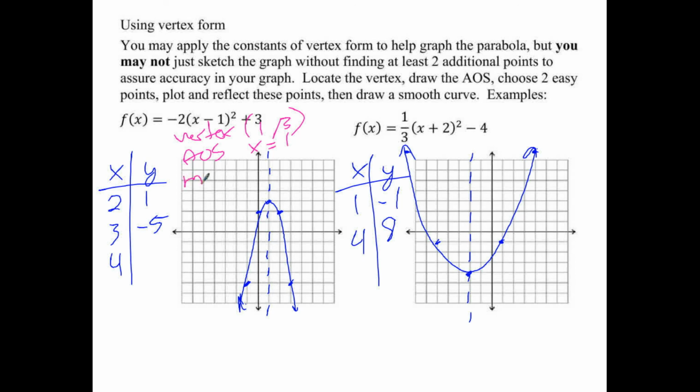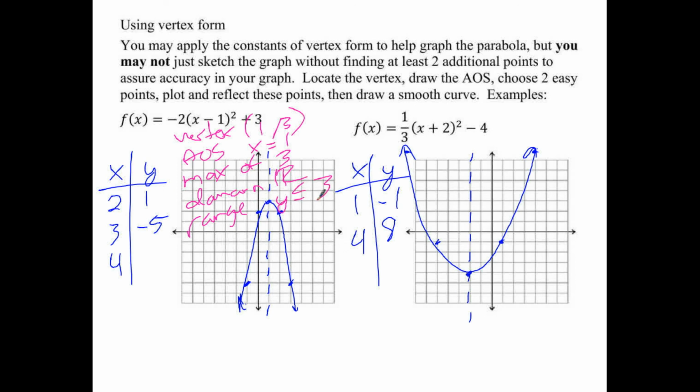This opens down, so it's a maximum of 3, the y coordinate of the vertex, the highest number that there is in the range. Okay, domain. All real numbers. Now the range. Y is less than or equal to 3.